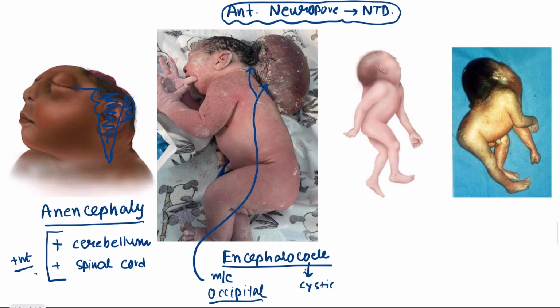And there is another abnormality, which is called anencephaly. In this, there is severe retroflexion of the head.